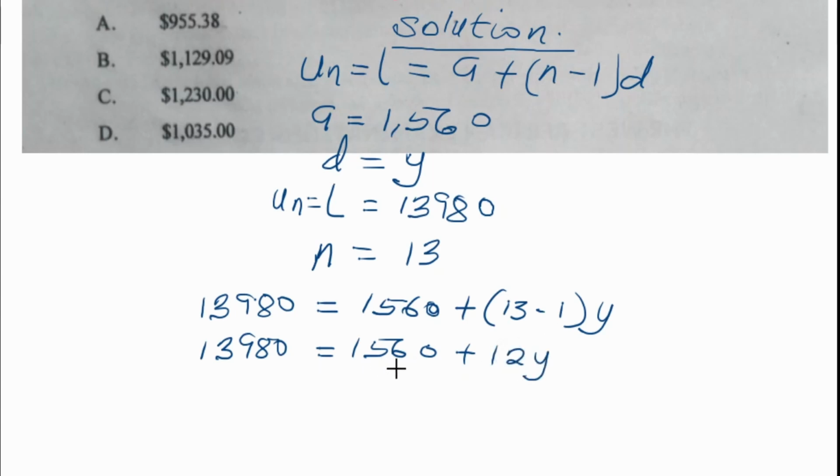Subtracting 1,560 from both sides, we're going to have 13,980 minus 1,560 equals 12y.